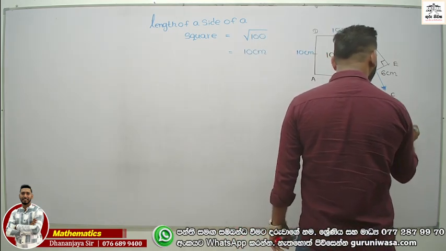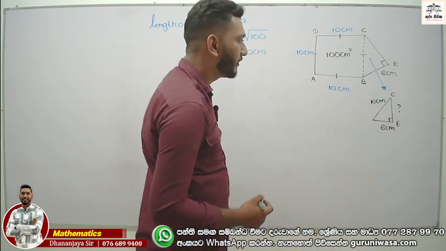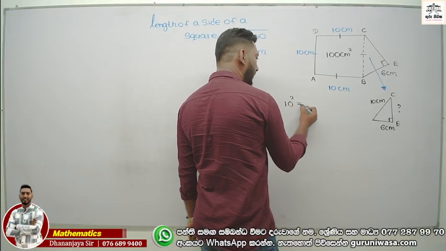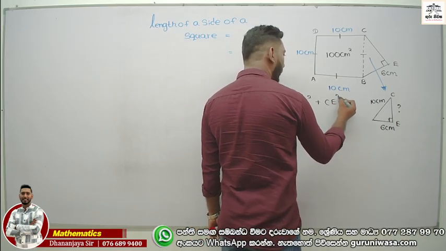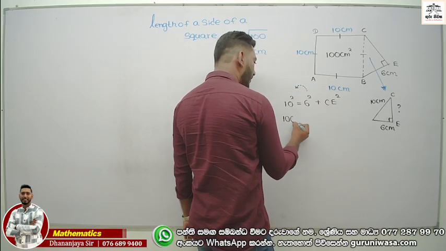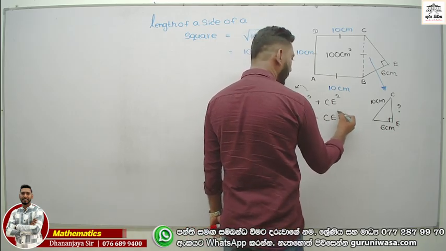But you need to find the answer for CE. 10 squared is equal to 6 squared plus CE squared. Now this one goes to this side, and 100 minus 36 should be equal to CE squared.